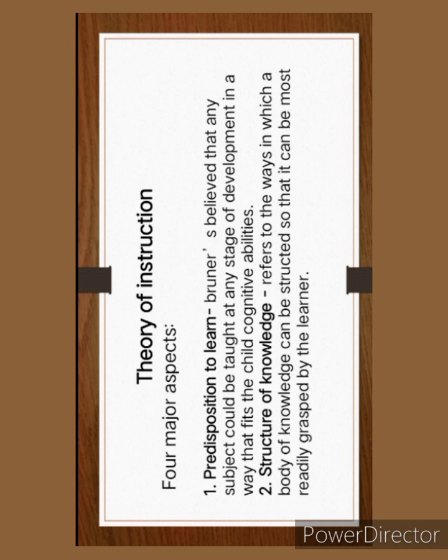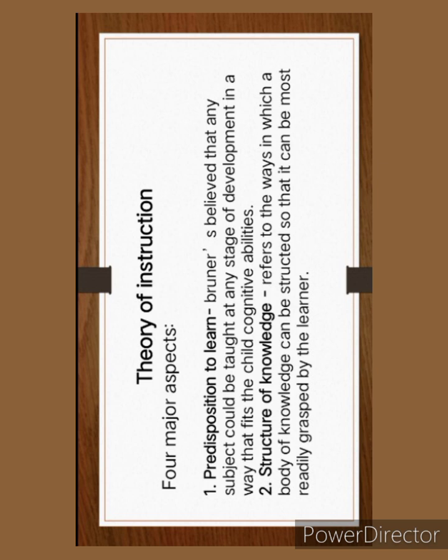Okay, so let's move on to the theory of instruction. There are four major aspects. First is predisposition to learn. Second is structure of knowledge. The third one is effective sequencing. And the last one is reinforcement. So, predisposition to learn.